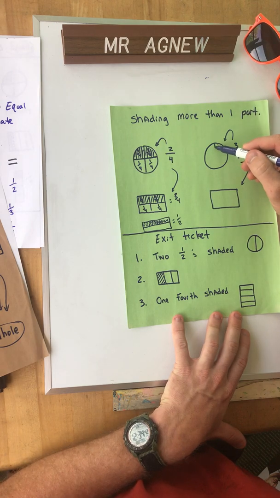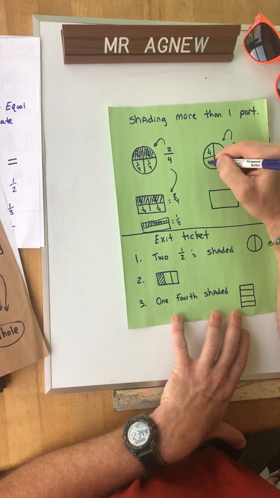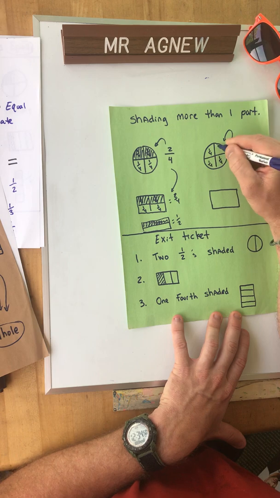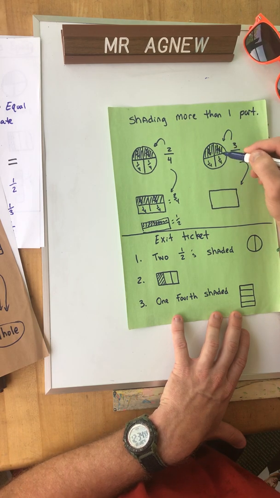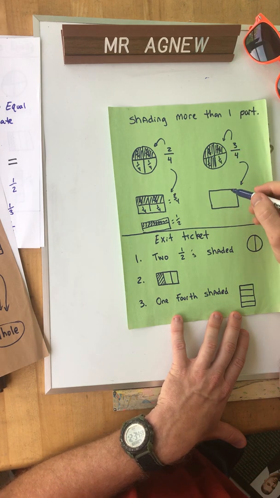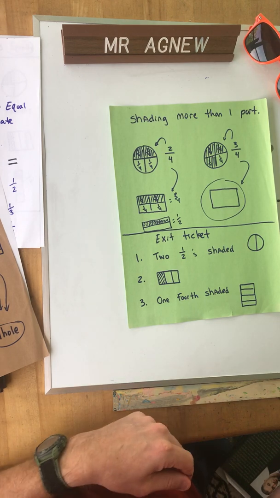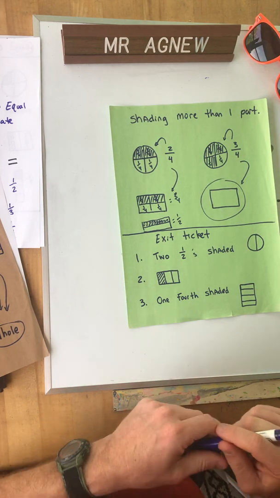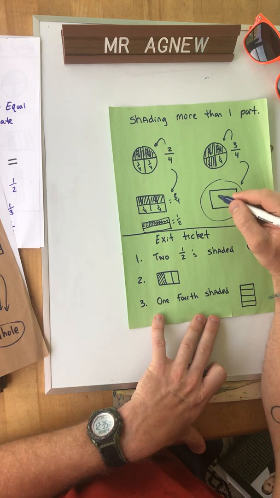3 out of 4. Making 4. Let's label it. 1 out of 4, 1 out of 4, 1 out of 4. We're going to shade 3. Perfect. Just like that. This one I'm going to let you try. 3 out of 4. Let's make 4.